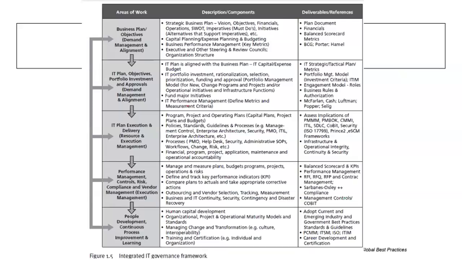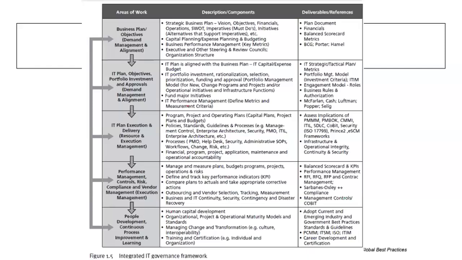So this is an integrated IT governance framework. So you should have your business plan objectives. This is your demand management. Then you have your portfolio investment, IT plan execution, performance management, remember, and people development. They are all mentioned here. This table just summarizes what we have just mentioned in the previous few slides.